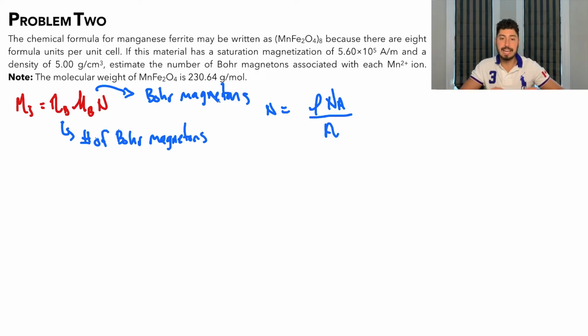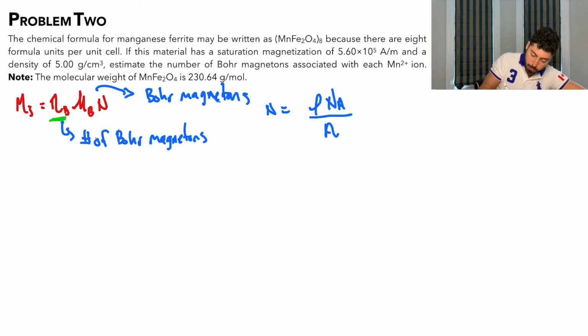So essentially, N is the number of manganese ions per cubic meter of material. So if we combine these two equations and isolate for what we need to find, which is NB, the number of Bohr magnetons, and substitute our values, we'll get the result.